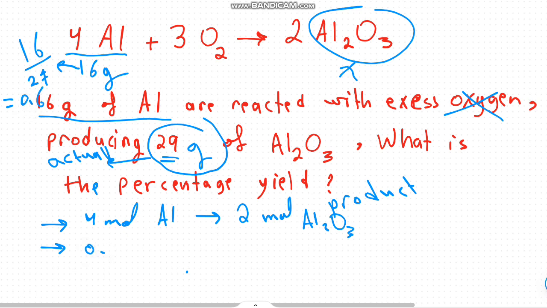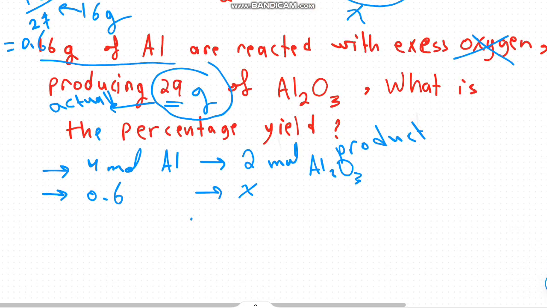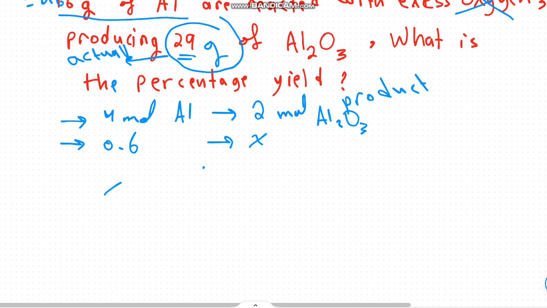So 0.6 gives x, cross multiplication, x will be 0.3 mole of aluminum oxide.